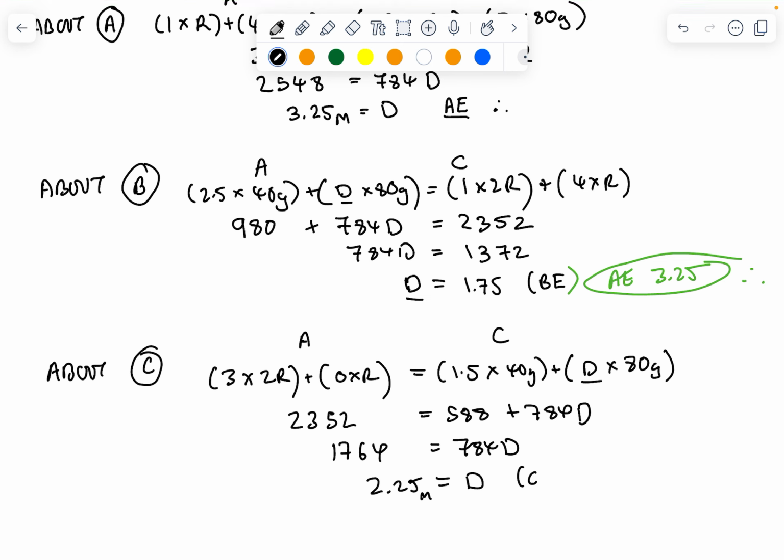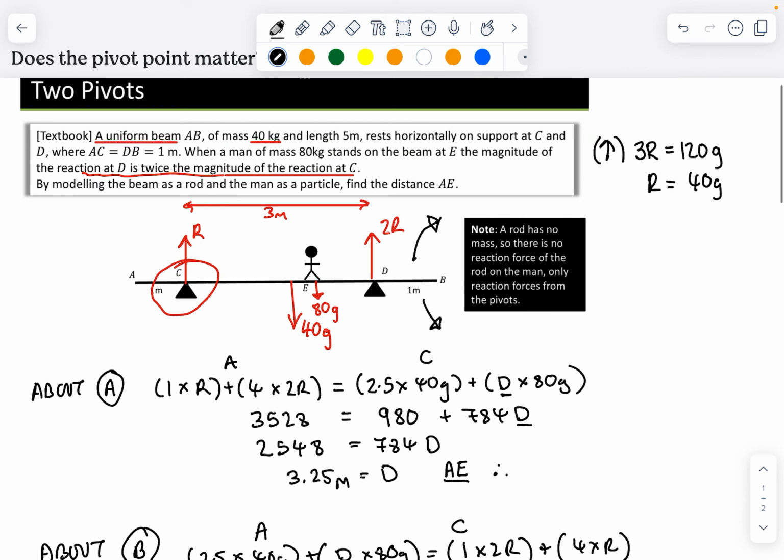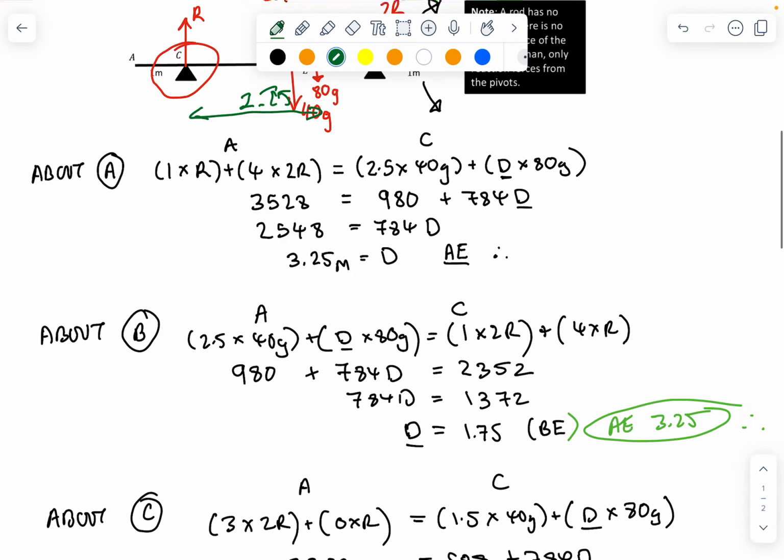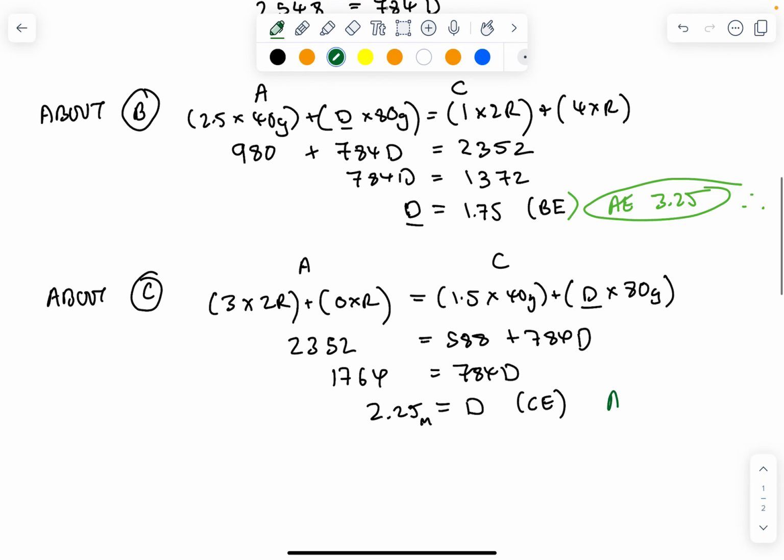Again, we've measured from C to E, and that was 2.25. And as you can see, from A to C is 1 meter. So that means that A to E is 3.25 meters, as we got from the other two pivots.